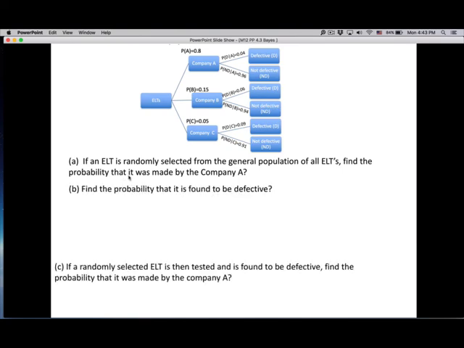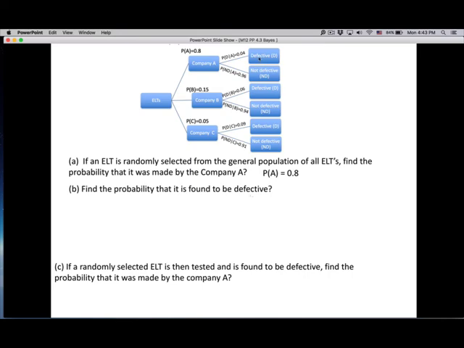So find the probability that it was made by company A. We got it from here, P of A is equal to 0.8. Find the probability that it is found to be defective. Okay, found to be defective. So we do have a couple of situations.